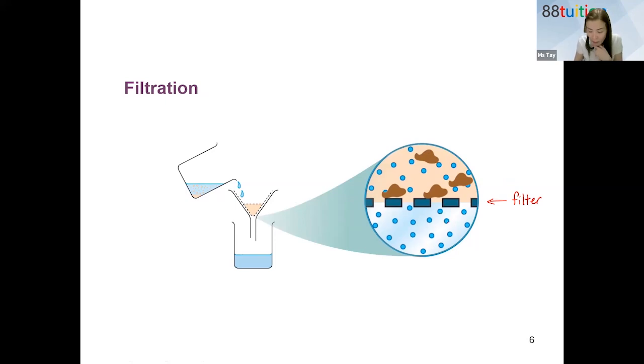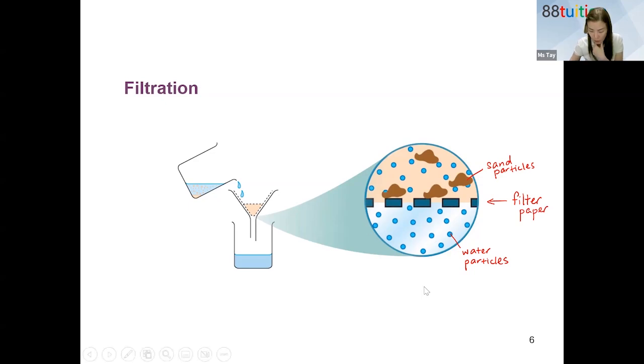Only the small particles, like water, can pass through the filter paper, because water particles are very small. But the sand particles are too big, so they cannot pass through the holes in the filter paper. Clear?